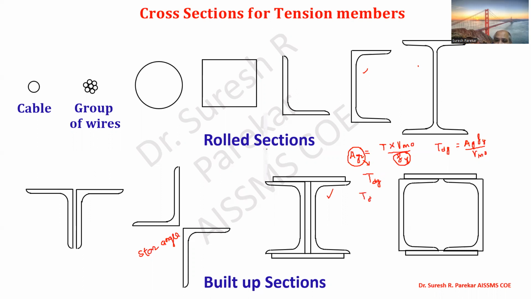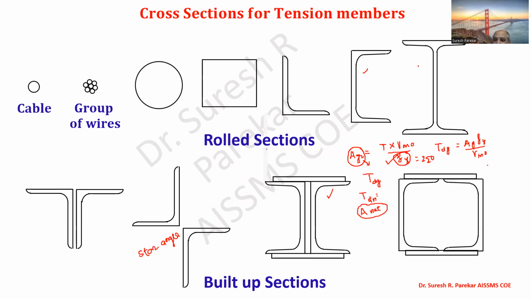Then we have Tdn, and in this we have to find A net. So keep in mind here we have to find net area, and our stress is constant, which is Fy, and this is generally 250. That we have to keep in mind.